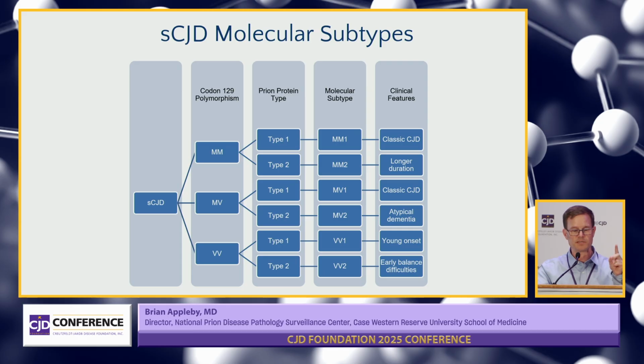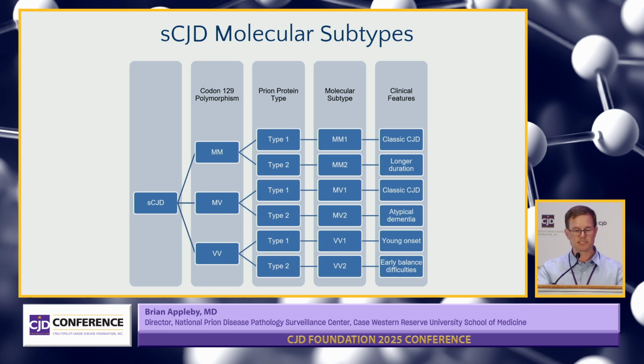It can be type 1 or type 2. And then the molecular subtype is created by matching that position at 129 to the prion protein type. So you get MM1, MM2, VV2, VV1. That combination looks very different under the microscope, but also has a tremendous influence on the clinical symptoms and the duration of the illness.